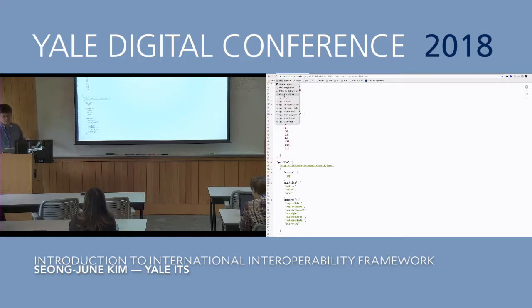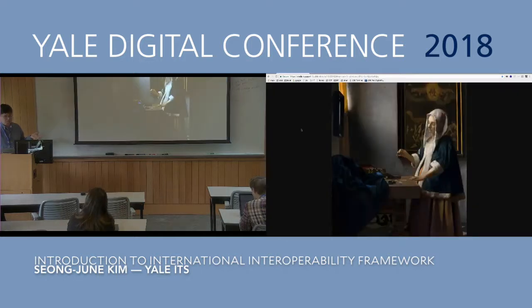So when I make the actual request for the image, this is a full-size image, though obviously it's tiled. I'm requesting the full region, full size of the image.